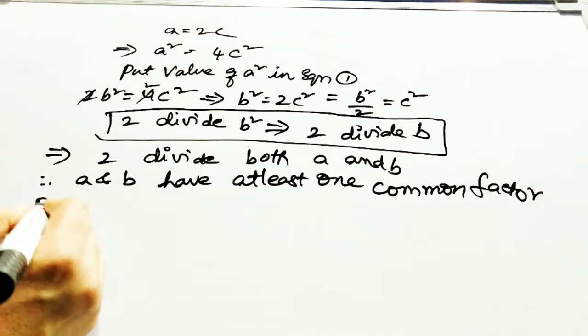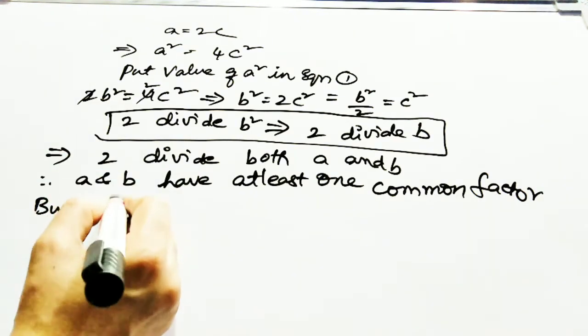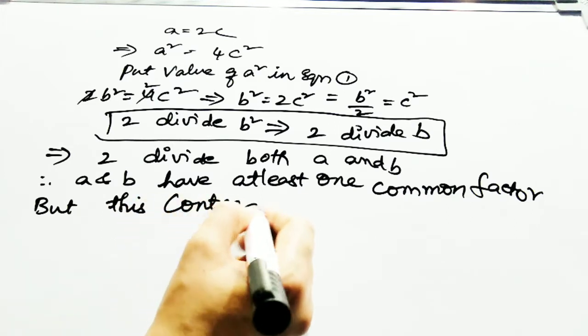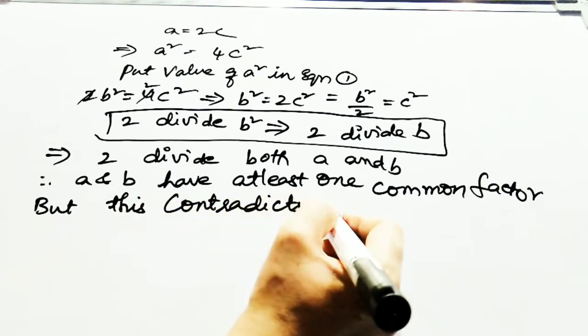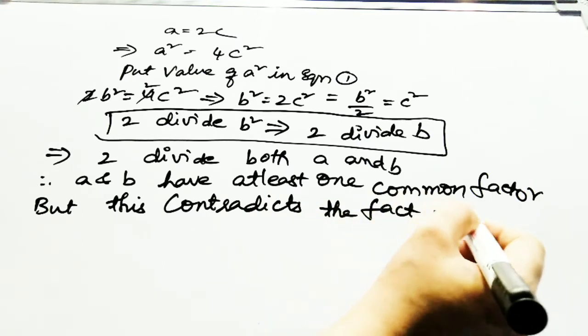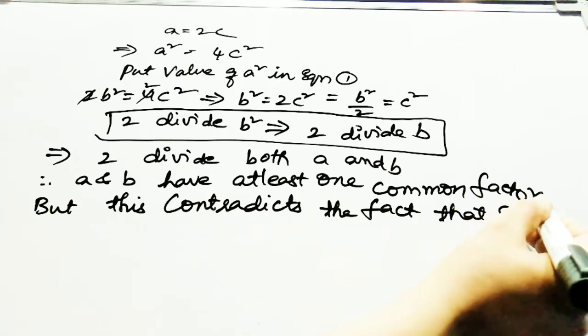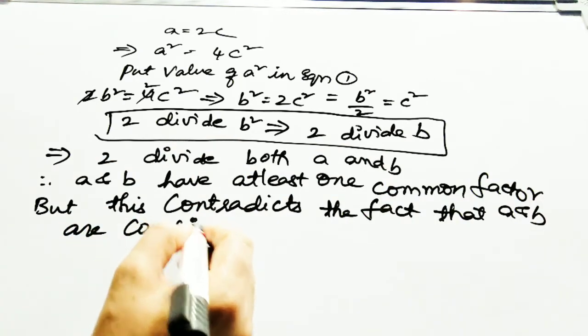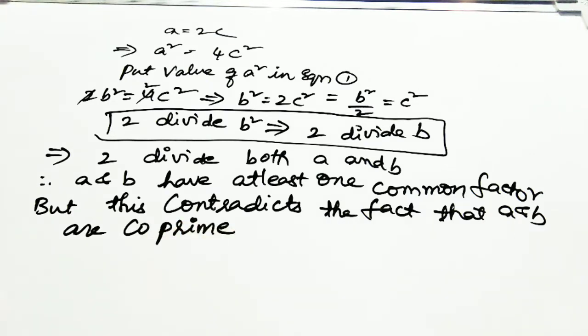But this contradicts the fact that a and b are co-prime. Co-prime means after cancelling the common factors you are left with unique factors, but here we are getting one common factor also. So it is wrong.